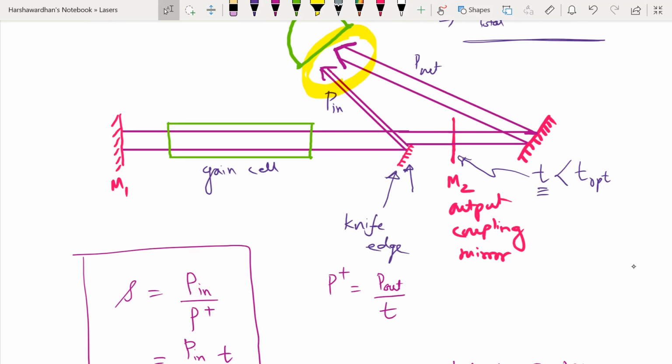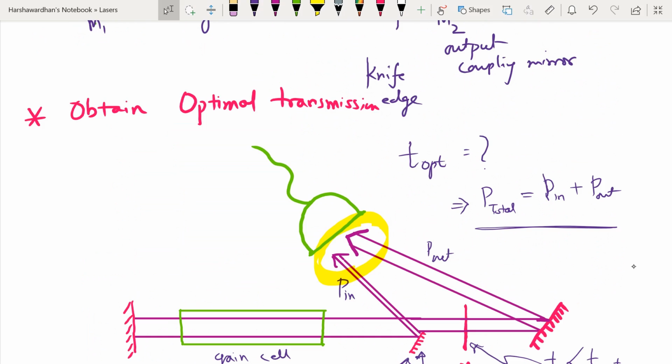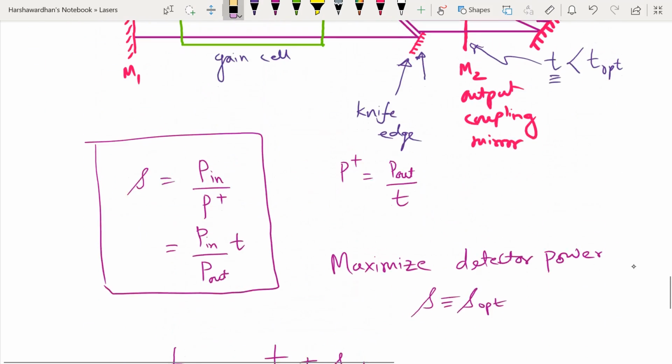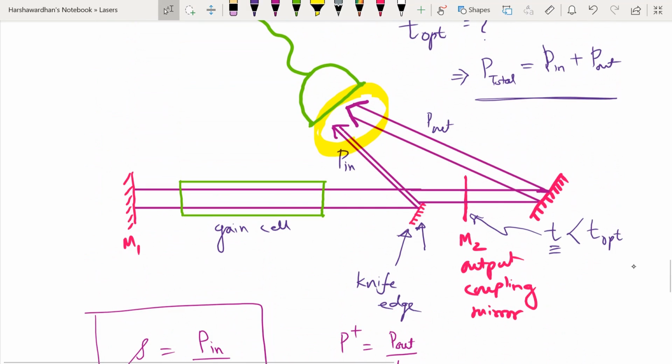So clearly you see that the experimentalists have come up with a very clever way of measuring all these quantities, like the small signal gain and the optimal transmission. Let me just point out a small thing. Imagine if my laser system was a gas.